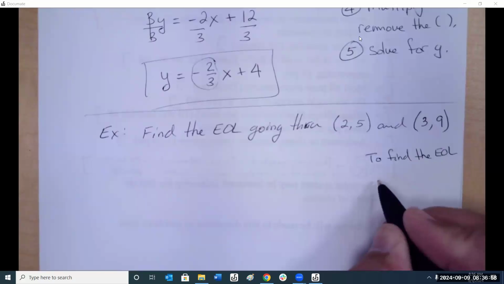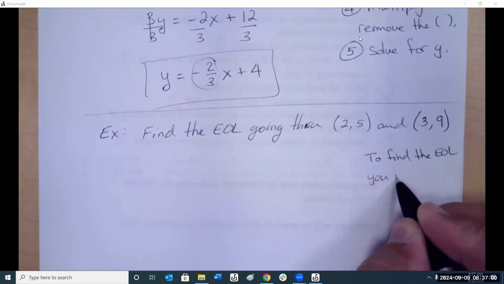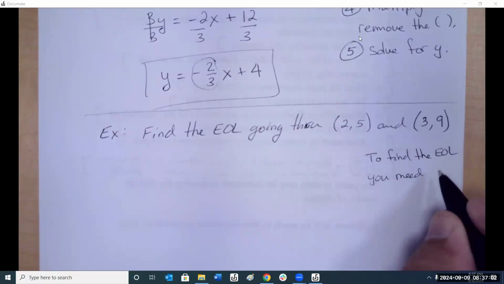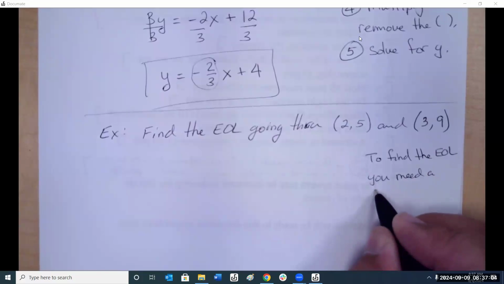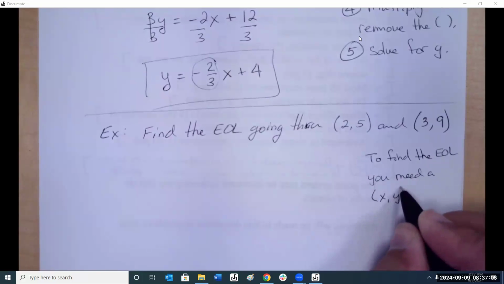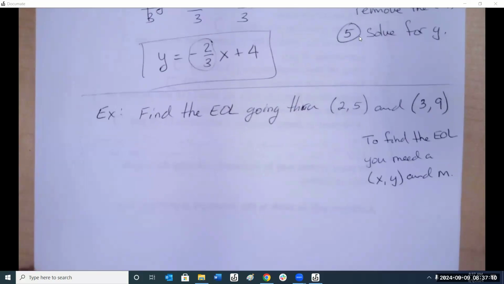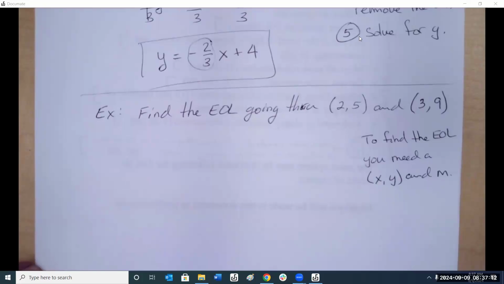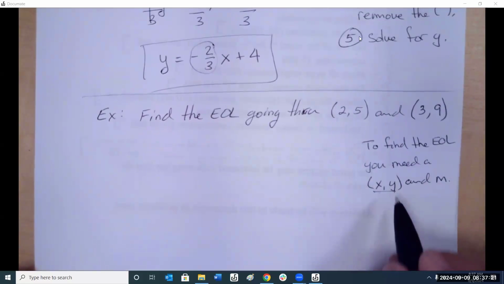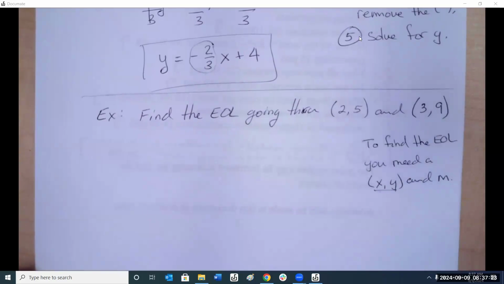Do we have those? No. Can we get those? Yes. We have a point. We have 2 of them, actually. We choose either one we want.